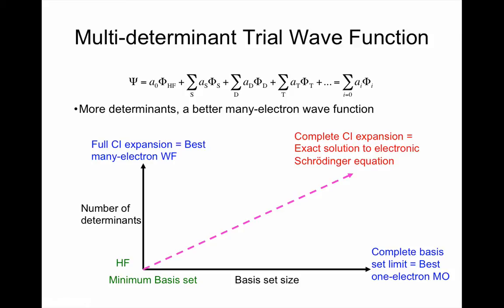Using these new determinants, we can now construct a new trial wave function to be used in the variational procedure. And this simply consists here of the Hartree-Fock determinant here with a given weight, then the sum over all the Slater determinants that we got by promoting a single electron, the sum over all the Slater determinants that we got by promoting two electrons, three electrons, and so on, until we do not have any more electrons in our system.